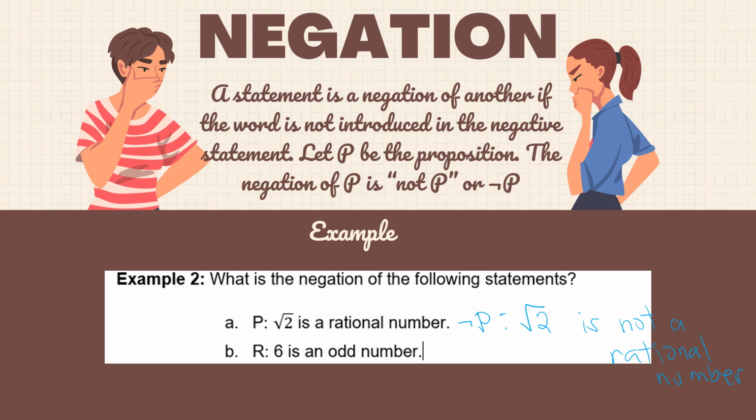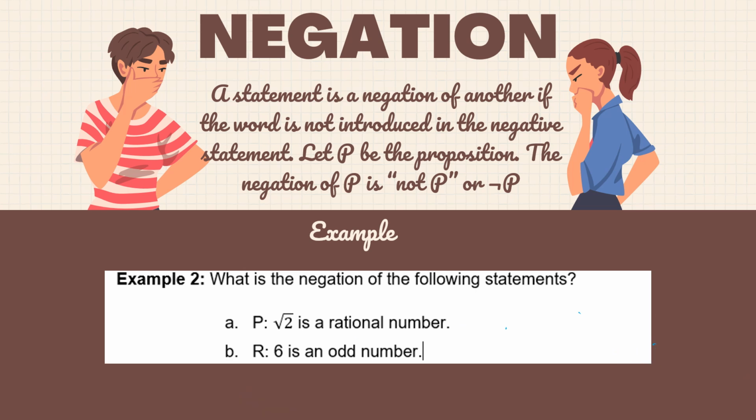We can also say that not P, the negation of P, would be square root of 2 is an irrational number, since the opposite of rational is irrational.